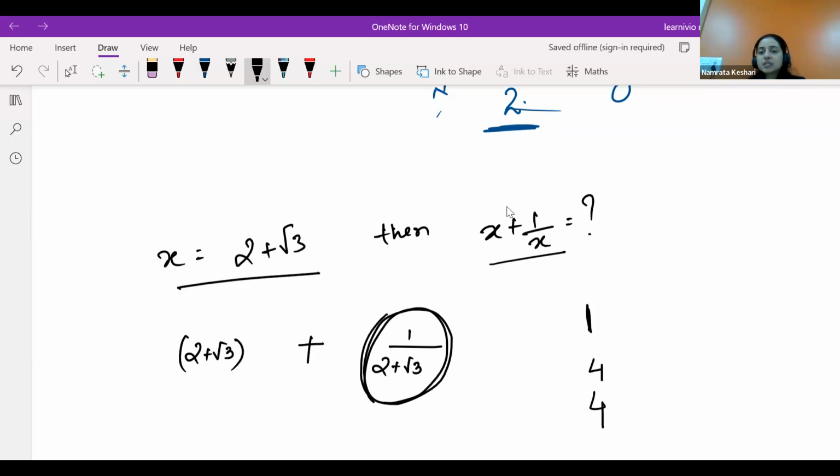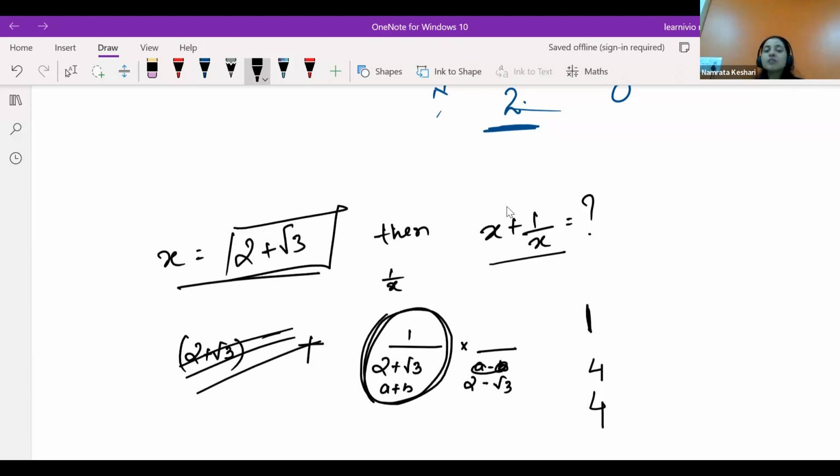If a plus b type of structure is there in the denominator, then we will try making a minus b. That means we will multiply by 2 minus root 3. At first we are working on the 1 by x part, which looks like 1 by 2 plus root 3. So let's do rationalization over here.